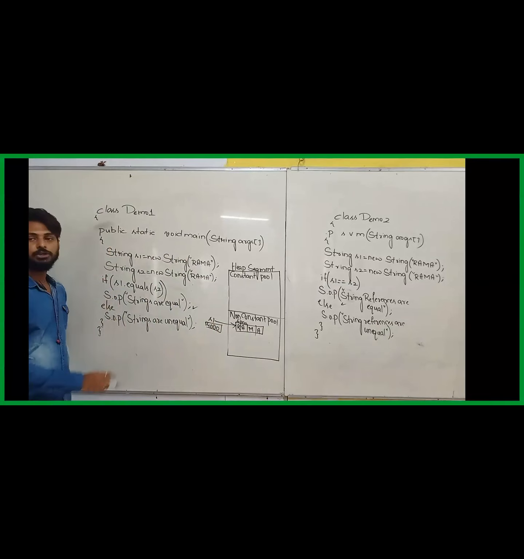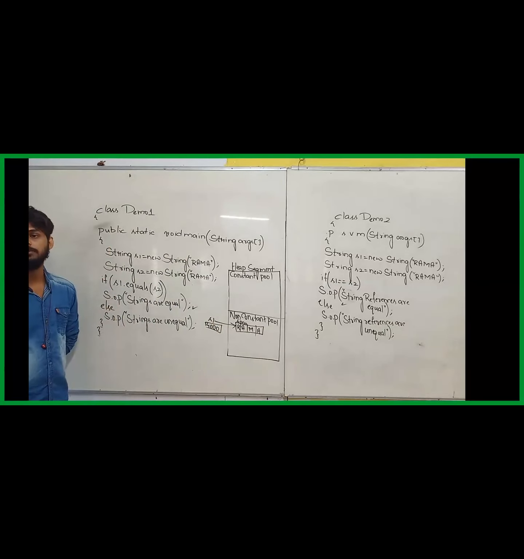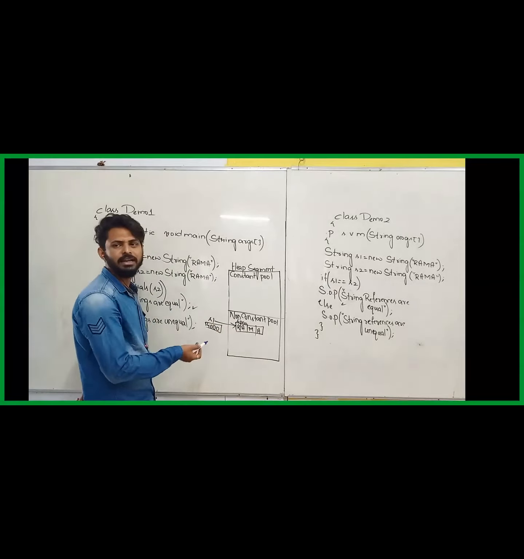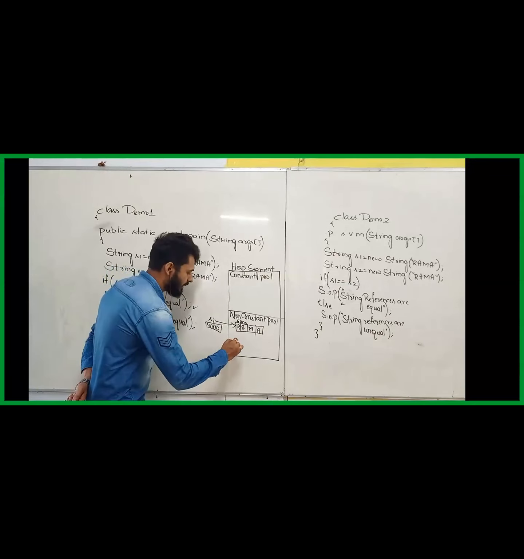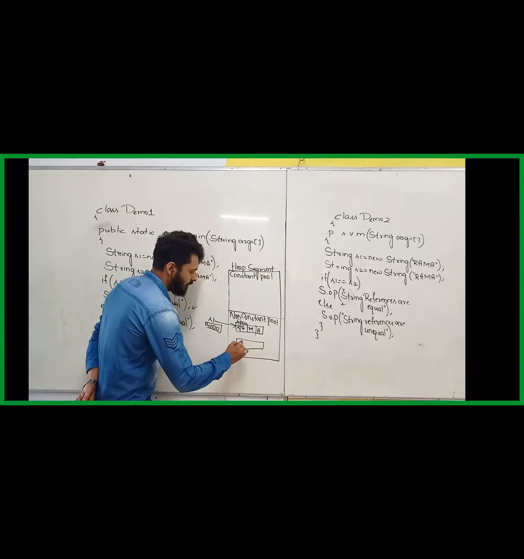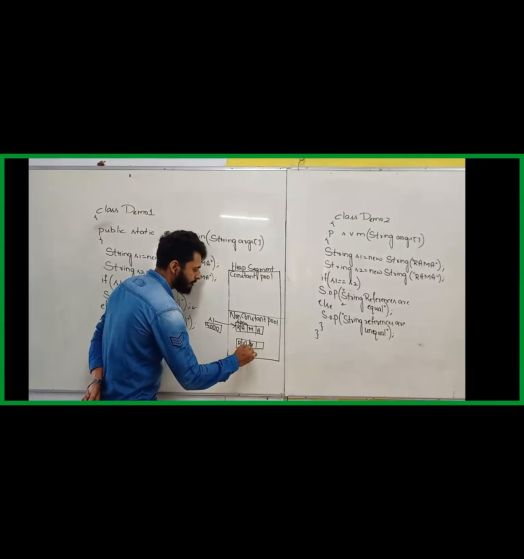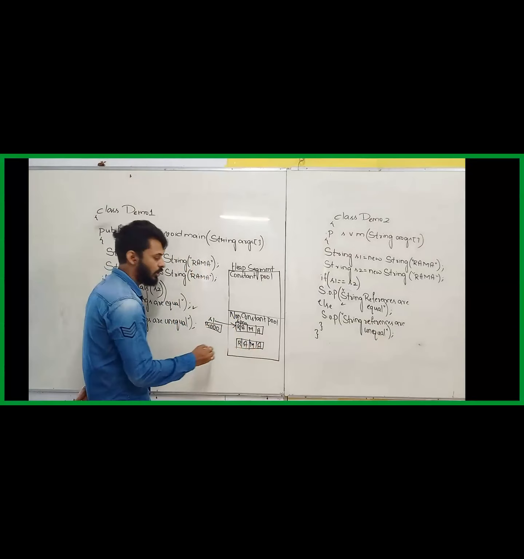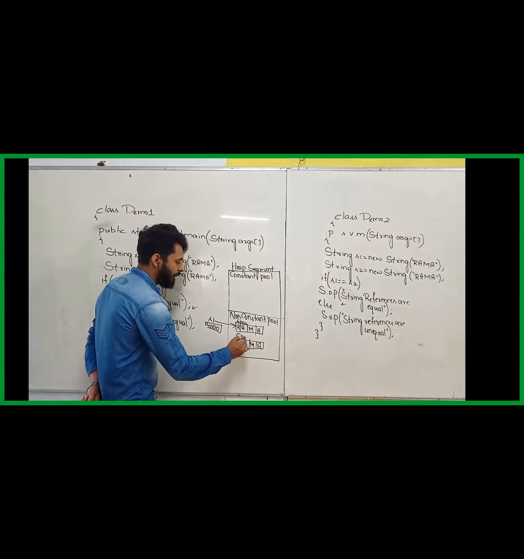What about S2? Should it be in the non-constant pool or the constant pool? Non-constant pool only. Duplicates are anyway allowed, so it will not even check. Directly it will allocate "Rama" again. But will the address be the same? No, the address will definitely be different.